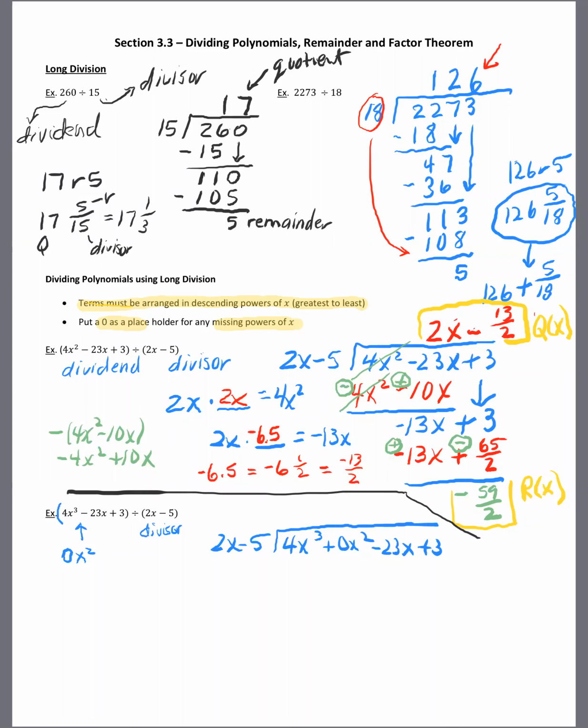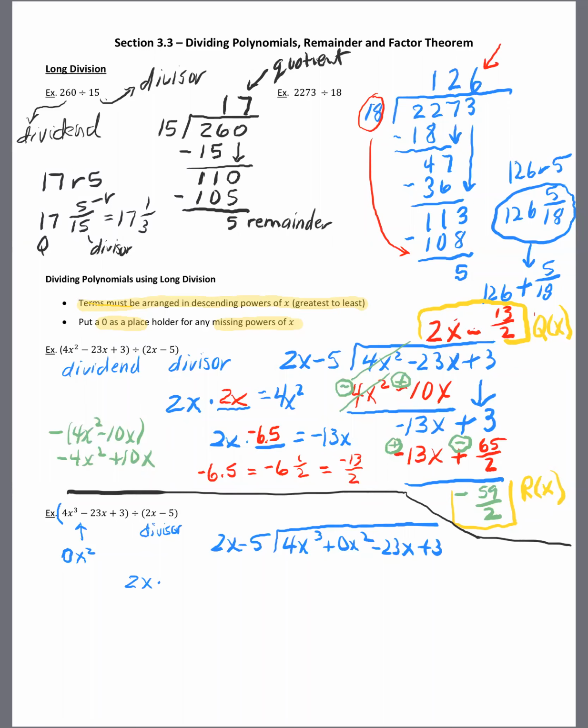All right. So now if we go back and once again try to do the same thing we did before. The leading term of the divisor is 2x. What can I times that by to end up with a 4x to the third power this time? The missing factor would have to be a 2 with an x to the 2 power this time to get the third power total.